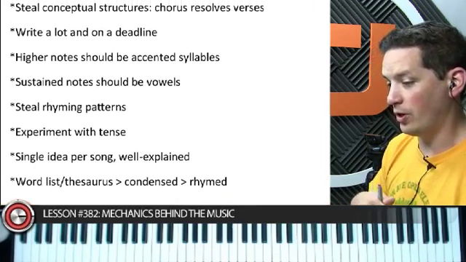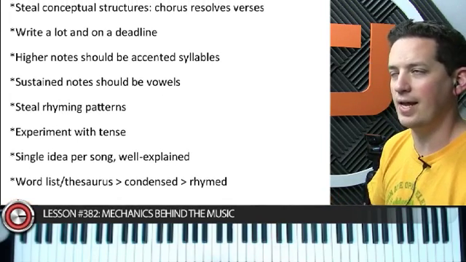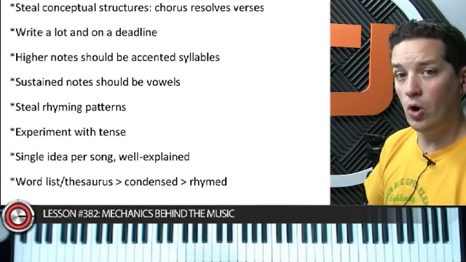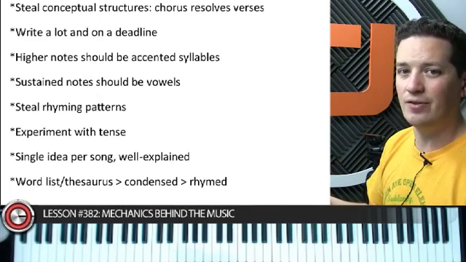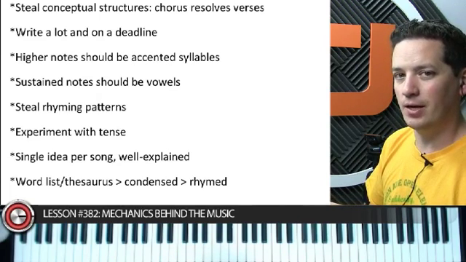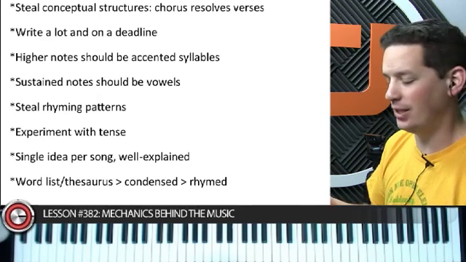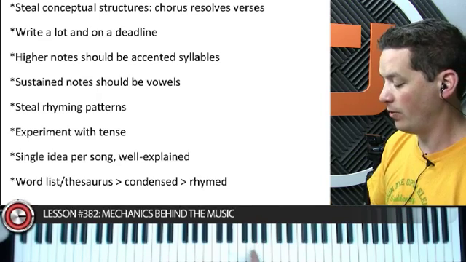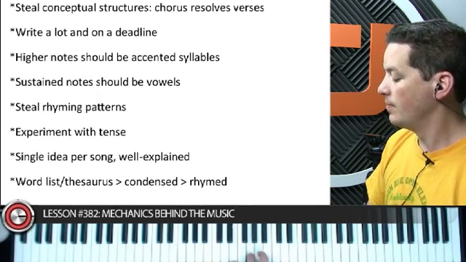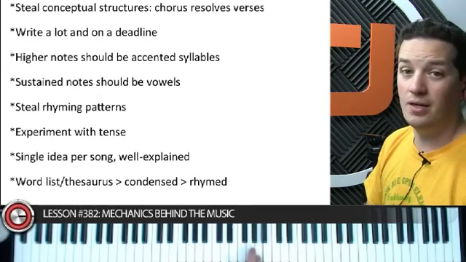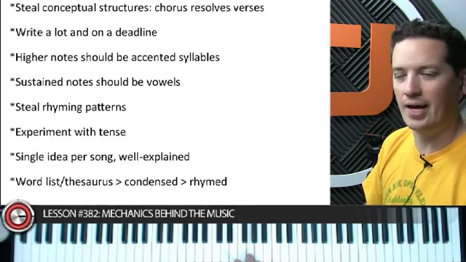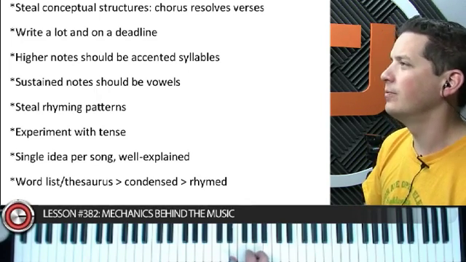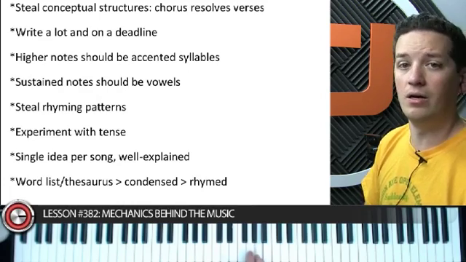If you have any note that you're going to be hanging on to for a long time, make sure that is on a vowel. Hopefully an open vowel, like an "ah" or an "o." The "i" is not really going to be able to be sustained nearly as easily. So if we have "bigger" as the word that you're using there, that's not going to sound as good as "smaller."